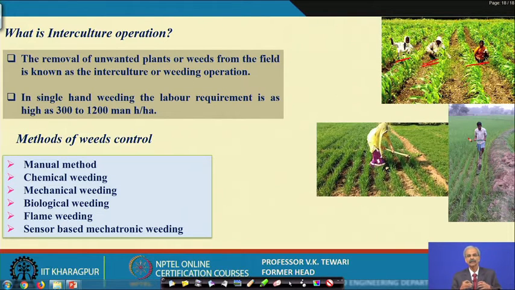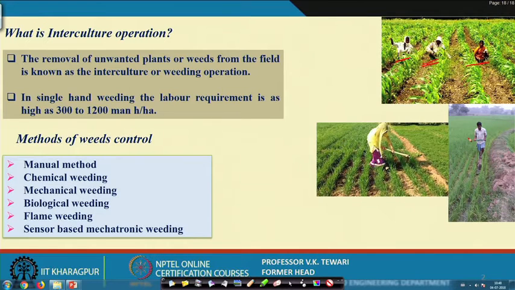Now you see that chemical is one way, but while the chemical is killing the weeds, it is also being deposited in the soil, and it creates problems for the soil. So we would not like to use more chemicals, and that is why mechanical weeding is introduced, where mechanical linkages are used for designing machines and equipment which will be able to do this job. Another way is biological weeding.